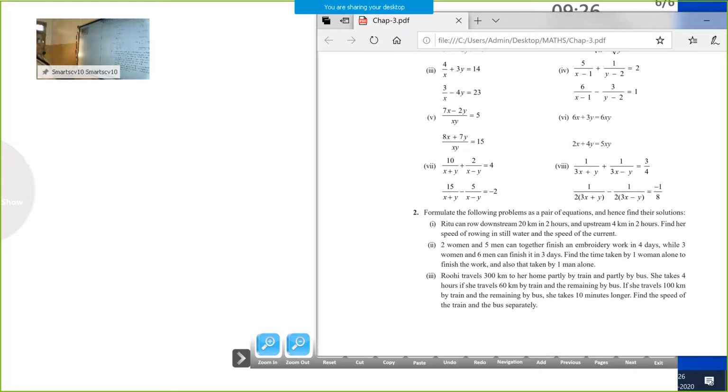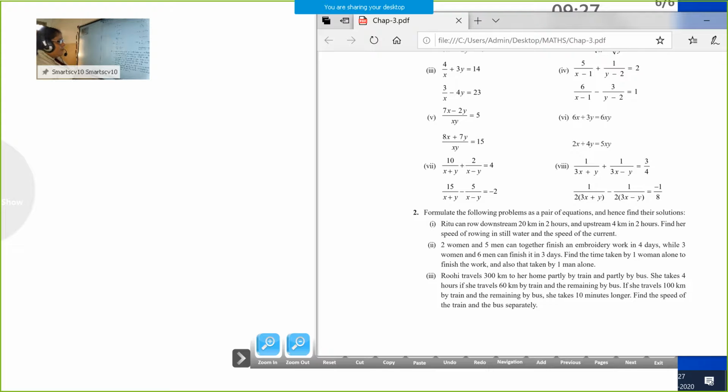Then read the next question. 2 women and 5 men can together finish an embroidery work in 4 days, while 3 women and 6 men can finish it in 3 days.